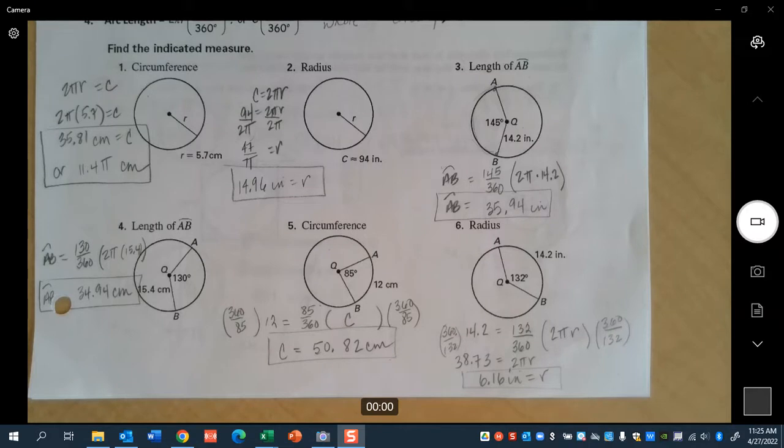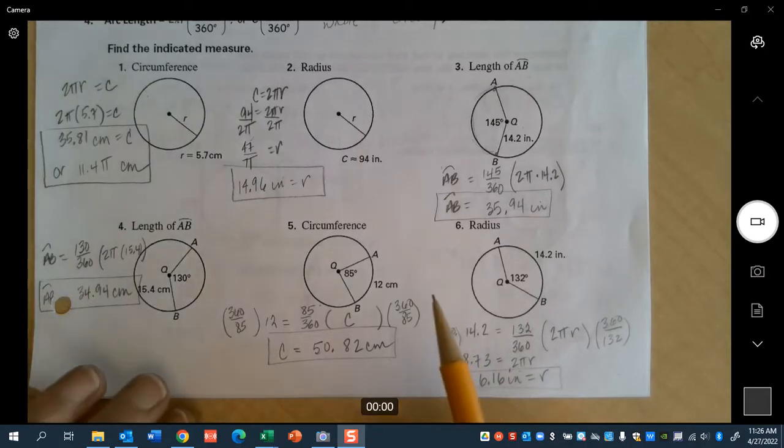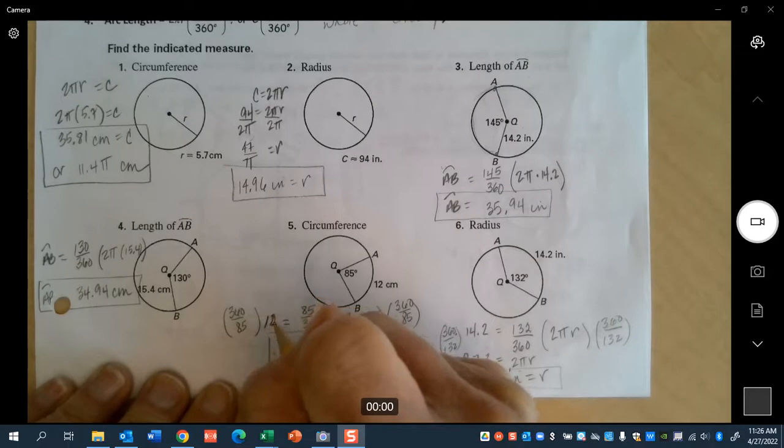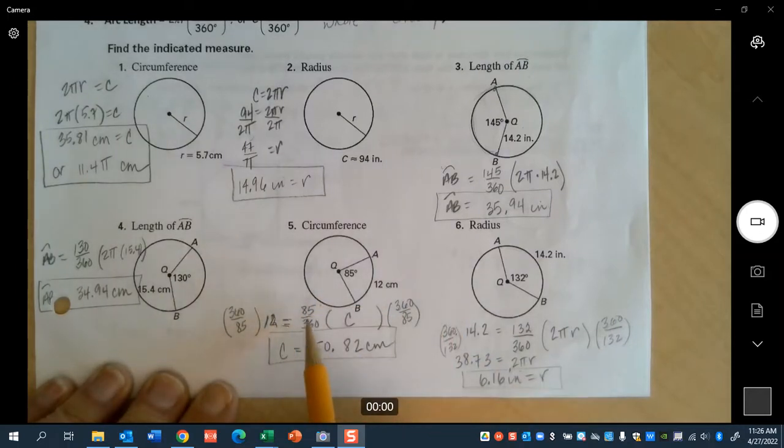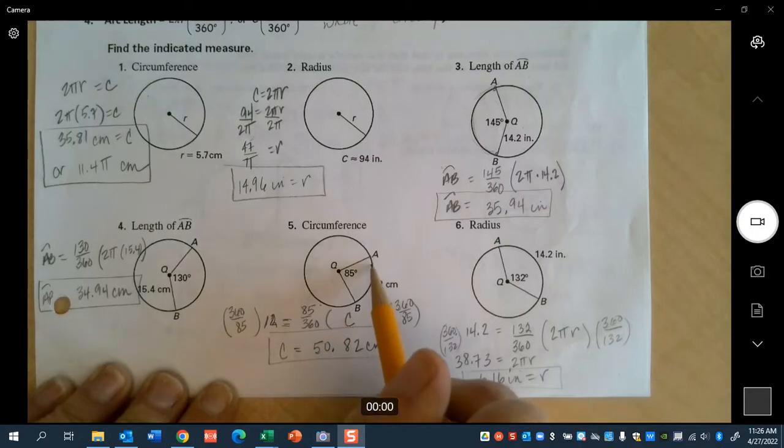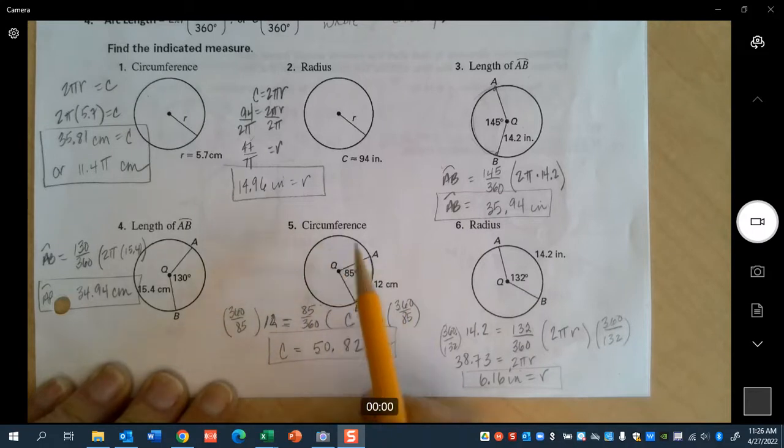Number 5. If I need to find the circumference, I'm told that this arc measure is 12 centimeters, and I know that 12 centimeters is this fraction of my whole. So my original equation is 12 is equal to this fraction of the whole circle around. This is just a piece of the entire distance around the circle.